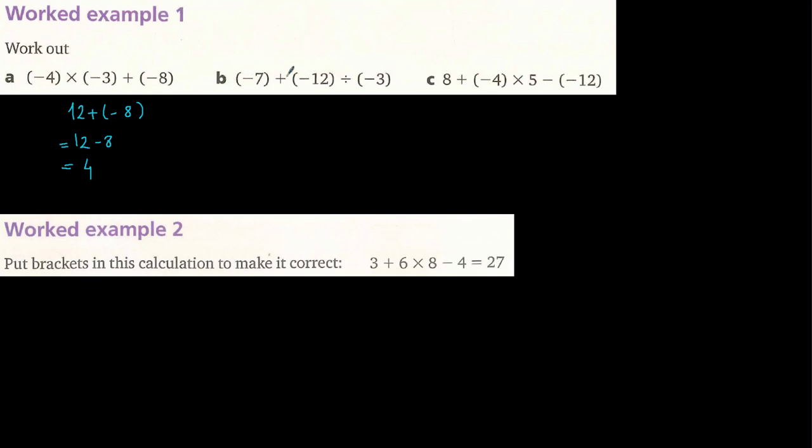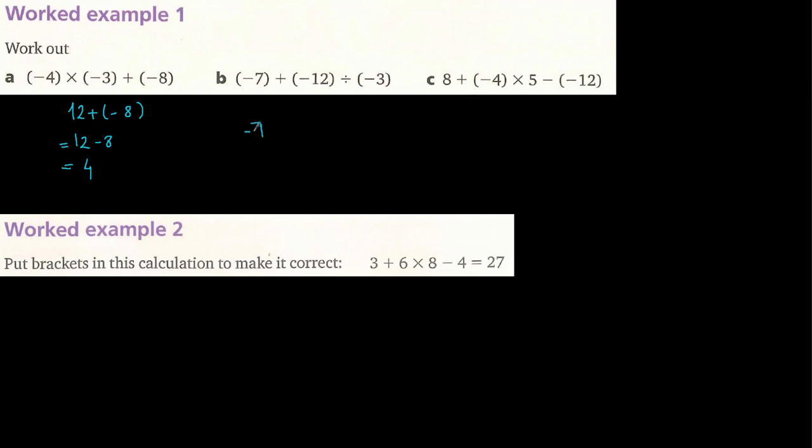These are all negative numbers, so this parenthesis is for the negativeness. It is not for the operation. That's why I'm not dealing with the parenthesis. Okay, so here I'm going to do minus 7 plus minus 12 divided by minus 3. Division comes first with respect to the order. Minus 12 divided by minus 3 is going to be 4.